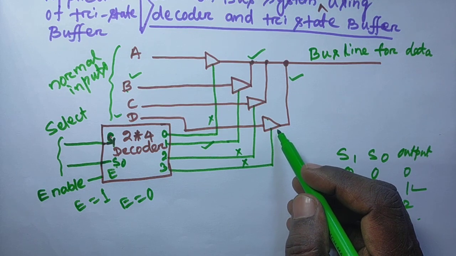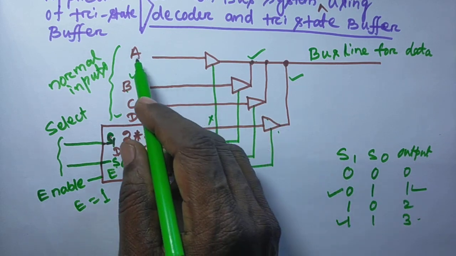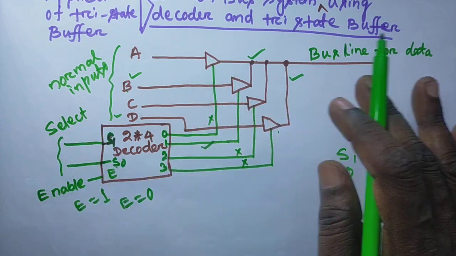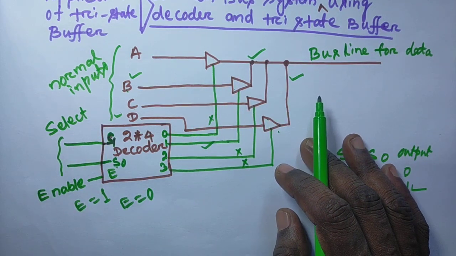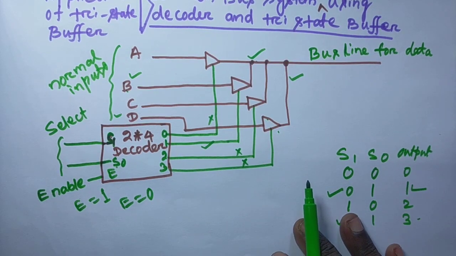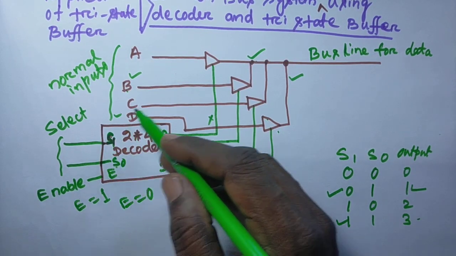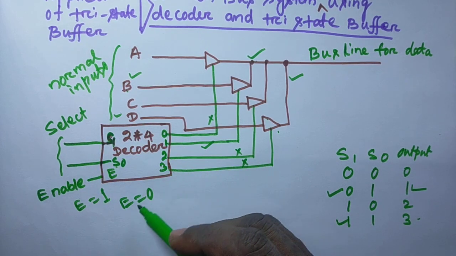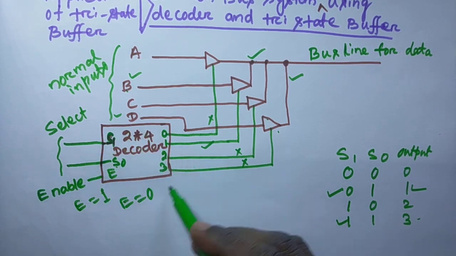So automatically whatever data is provided, that data cannot be considered. It will be open circuit. So the bus line will have no data passed, because the decoder is disabled. Okay, so if E is equal to 0, it will be totally disabled.